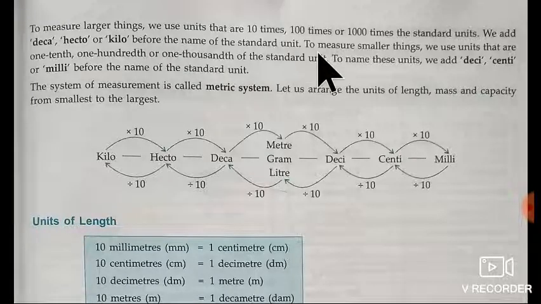To measure smaller things, we use units that are 1/10th, 1/100th, or 1/1000th of the standard unit. To name these units, we add deci, centi, or milli before the name of the standard unit. This system of measurement is called the metric system.